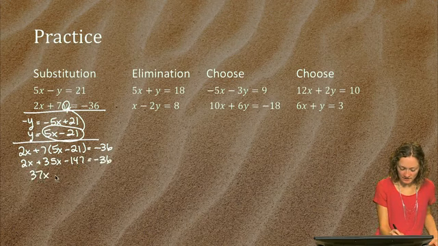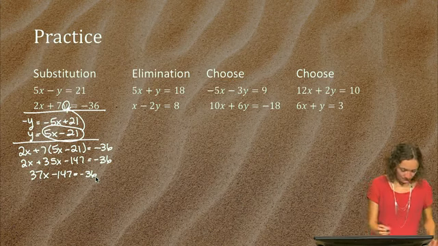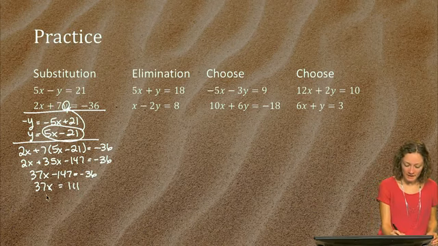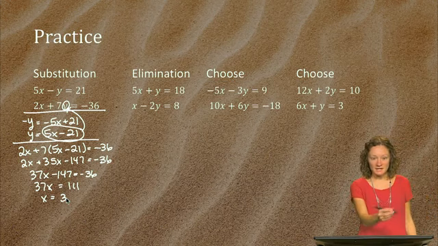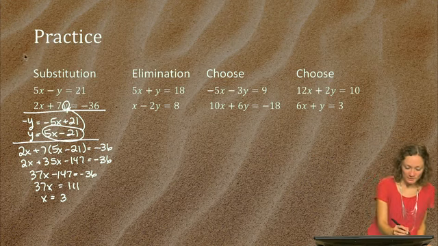Combine here, 37x minus 147 equals negative 36. Add that 147, and we get 111. Divide by 37, we get x equals 3. Take that 3, plug it back into any equation along the way. I'll go with this one.